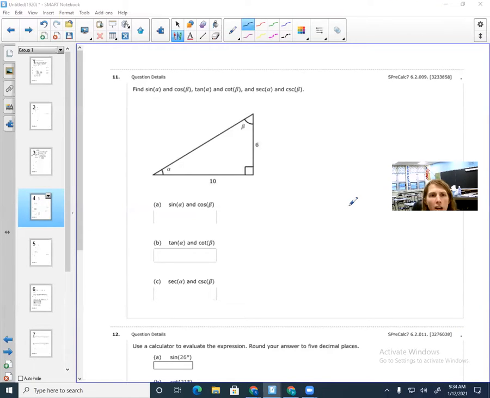All right, great. All right, number 11. The biggest thing on this one, just remember when you're talking about sine, cosine, tangent, you need to find all 3 sides. So go ahead and think, I need to use the Pythagorean theorem and solve for my hypotenuse.